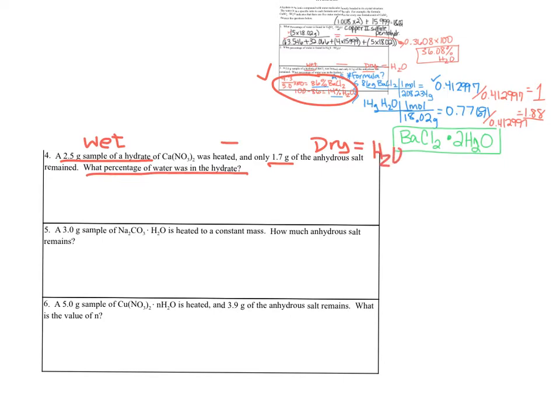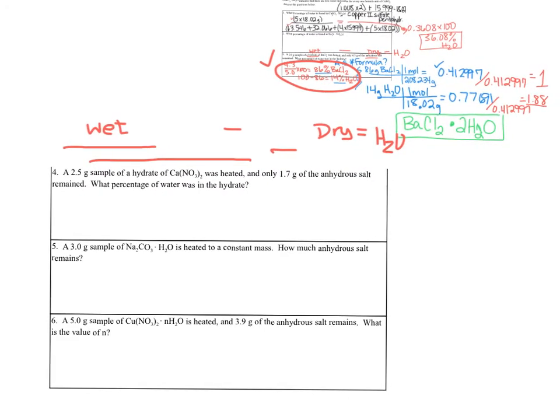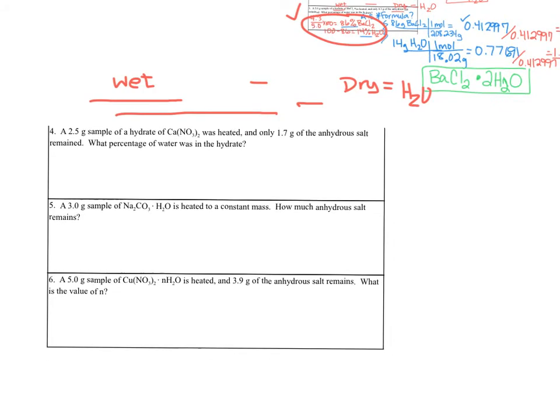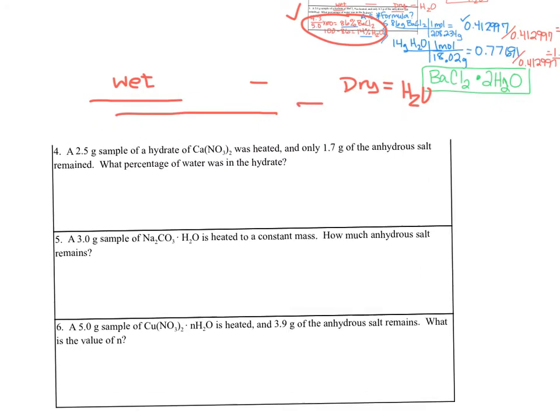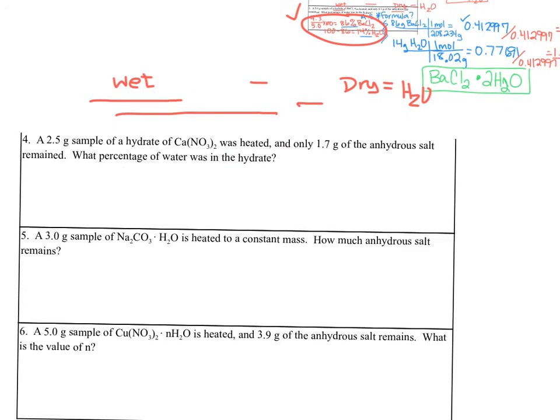So if we take those two numbers and subtract them, 2.5 minus 1.7, that should give me my water. And so you find it to be 0.8 grams of water.